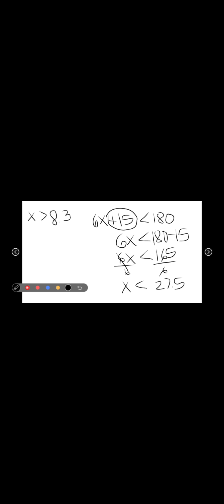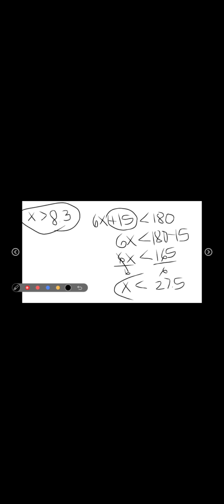Same procedure, we transpose: 6x is less than 180 minus 15, which gives us 165, and divide that by 6. So x is less than 27.5.